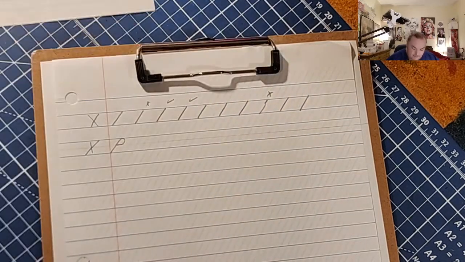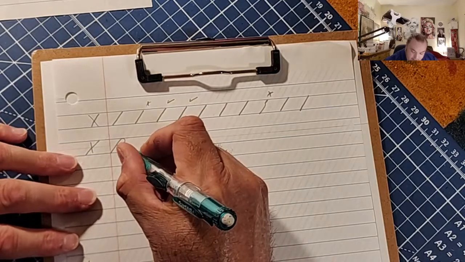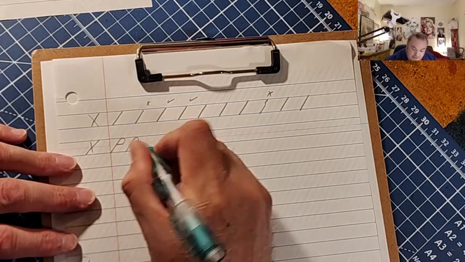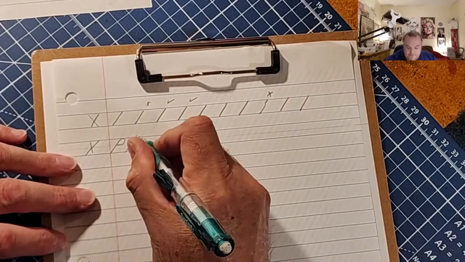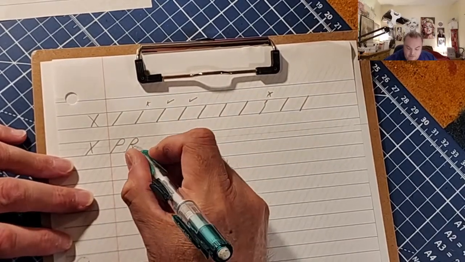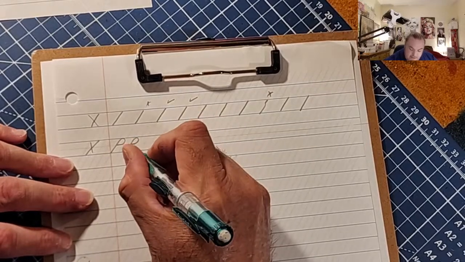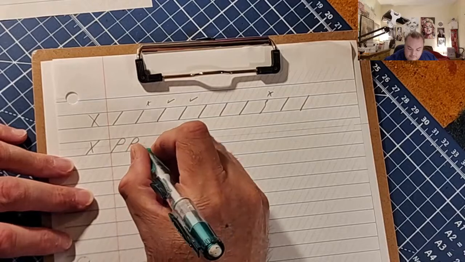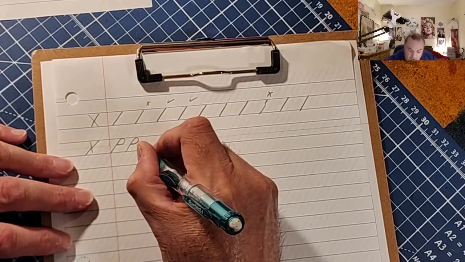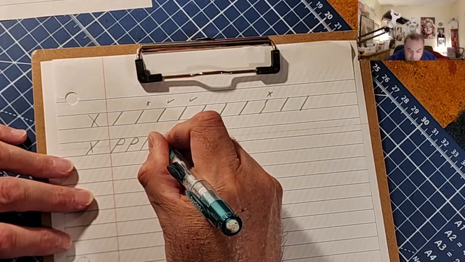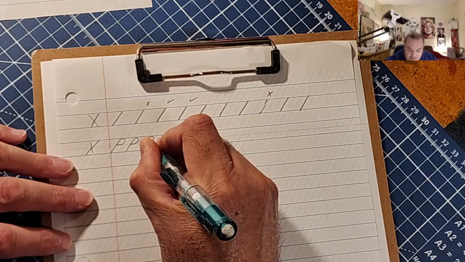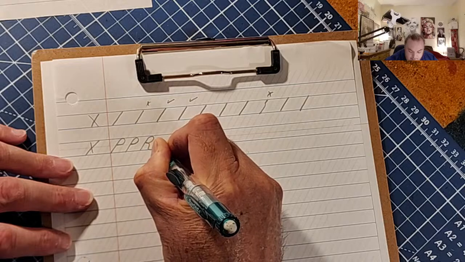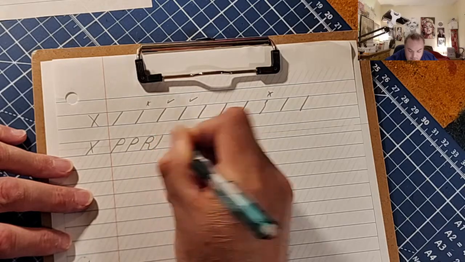Okay? So we're going to start at the baseline, and we're going to come up, around, and in, and touch that upstroke. But don't go past it, because the next stroke that we're going to do is we're going to come out, we're going to come up, around, in, and then we're going to stay with it, and we're going to come out, down, and upstroke.